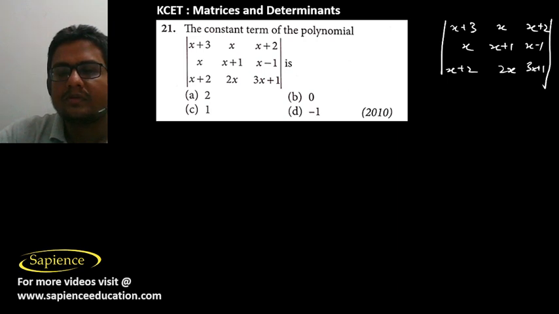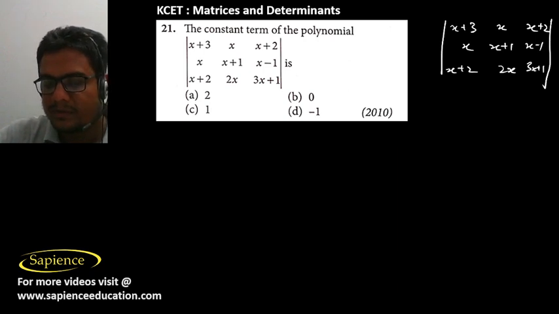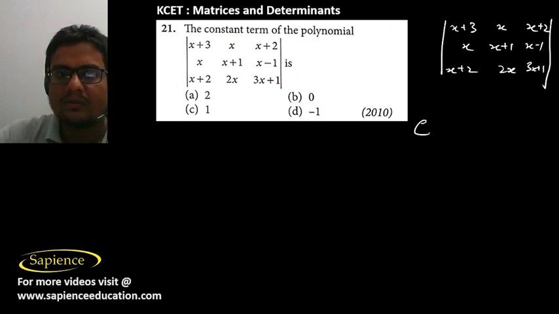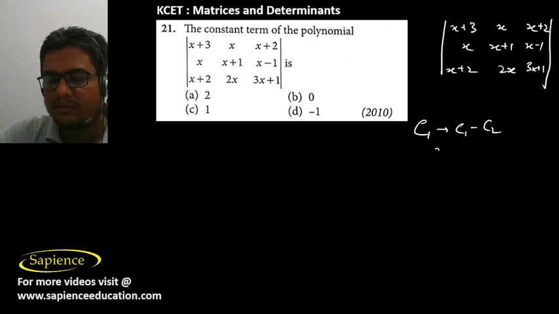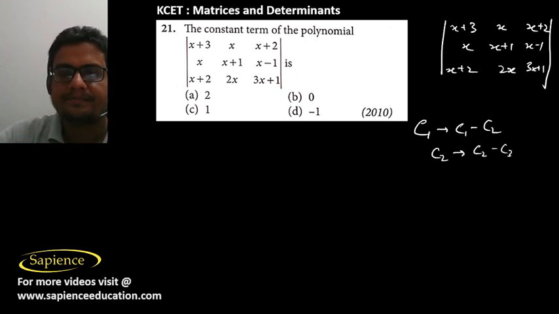So what we can do, we can do column 1 goes to column 1 minus column 2, and we can do column 2 goes to column 2 minus column 3. Okay.